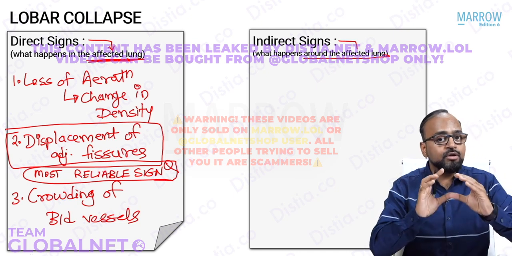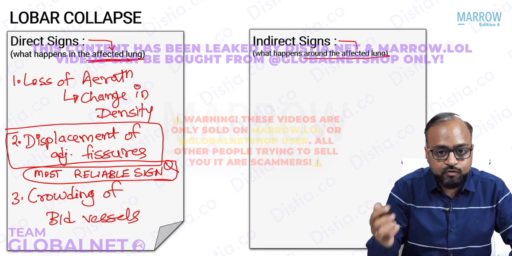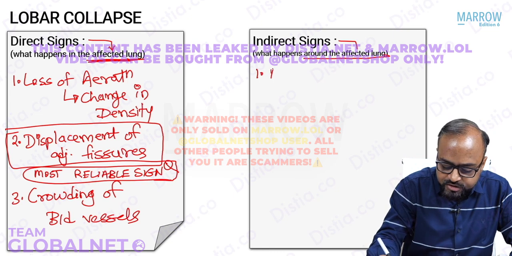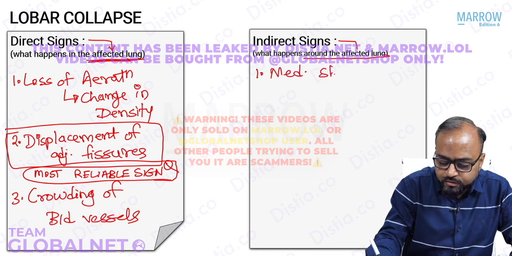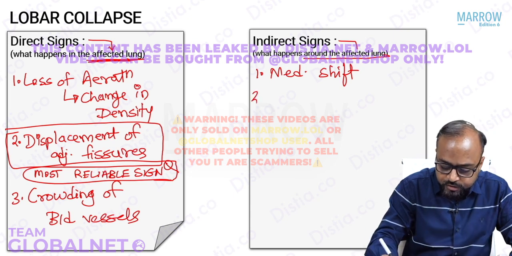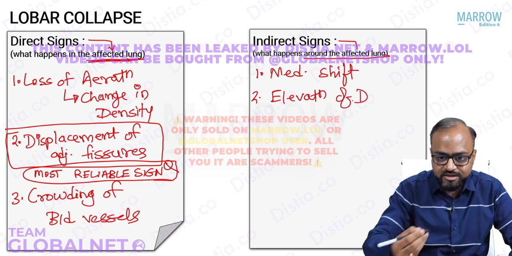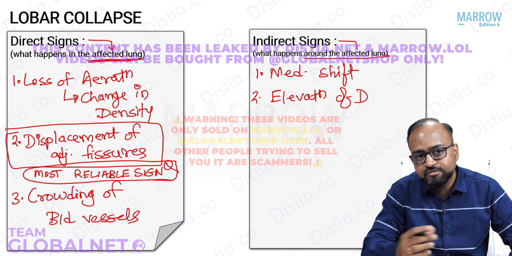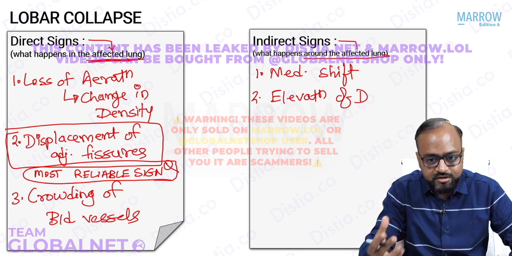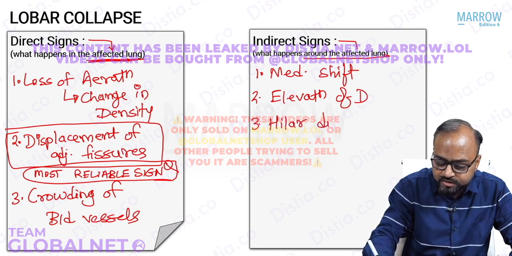Now, whenever a particular lobe collapses, what happens around it are indirect signs. So all adjacent structures can get shifted. There could be shift of mediastinum. There could be elevation of diaphragm, again shifting of the diaphragm. Elevation of diaphragm creates certain signs like juxtaphrenic peak sign. Few such signs are created. We'll see them as we go ahead. There could be shift of the hila, so there could be a hilar displacement.